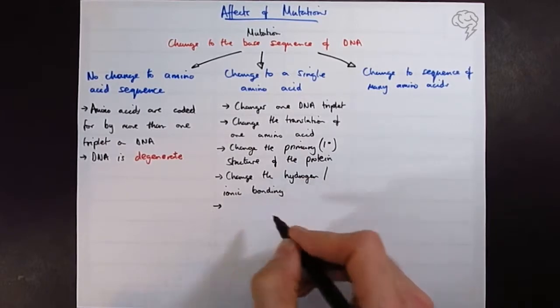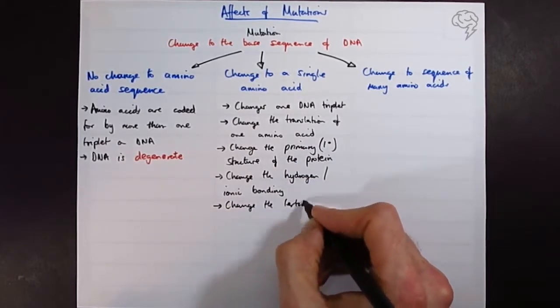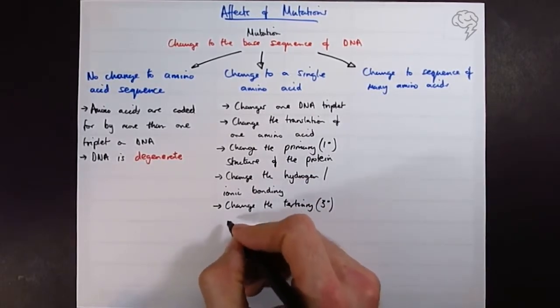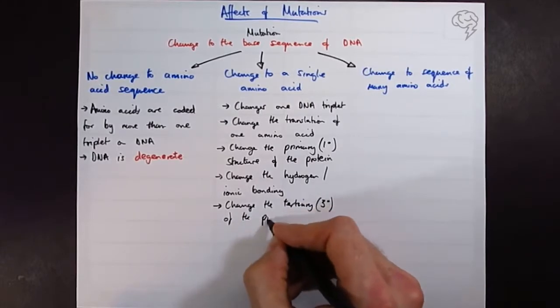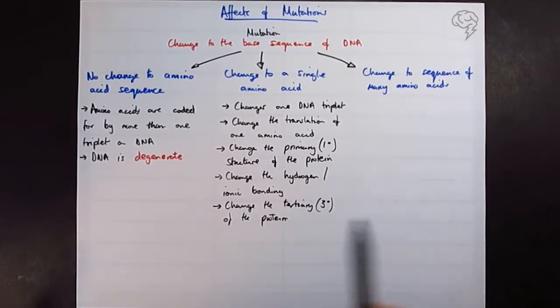And this is going to change the tertiary structure. And again, we can write 3' for tertiary in our shorthand. Again, this is most likely to be a substitution doing this.